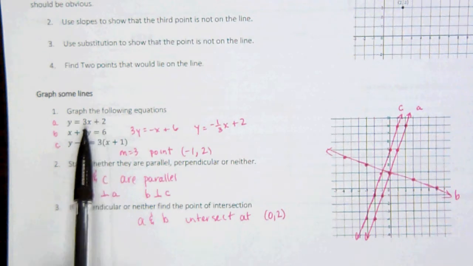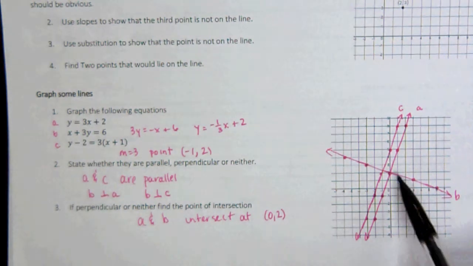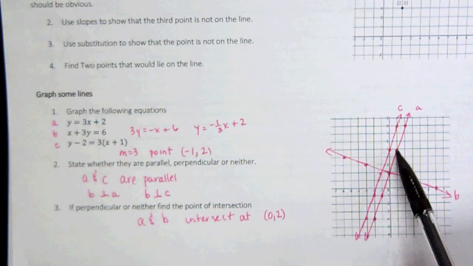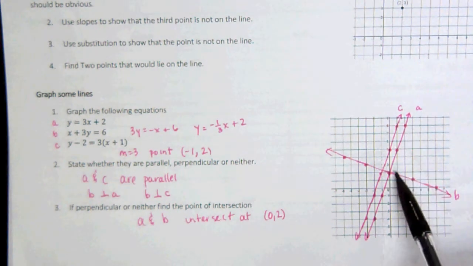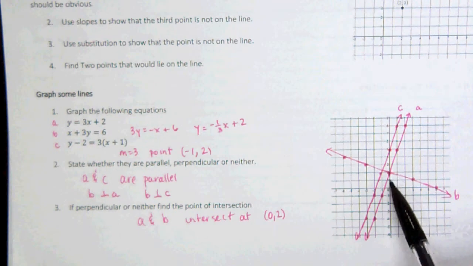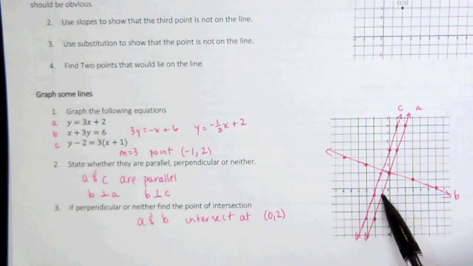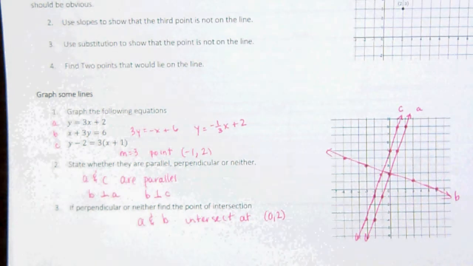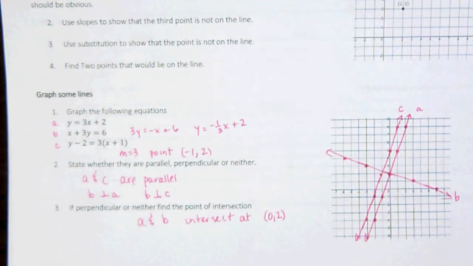So a y-intercept of 2, a slope of 3. I come to my y-intercept of 2. I go up 3 over 1, up 3 over 1. Because I want my line to look nice, I'll reverse that, go down 3, left 1, down 3, left 1, and I can graph line A pretty efficiently.